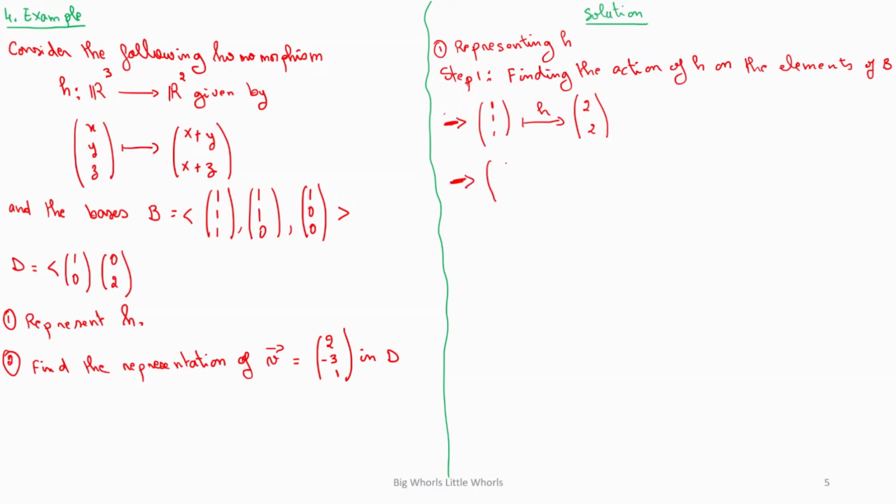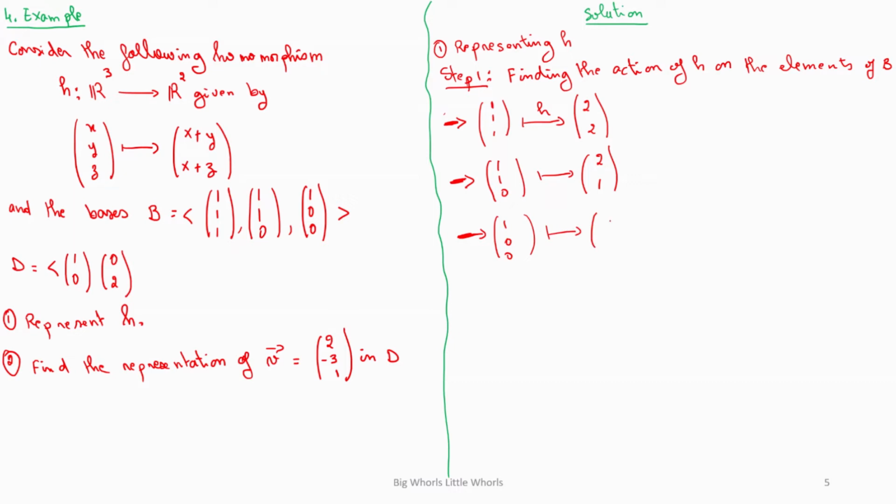Then the action of H on the second element, 1, 1, 0. It takes the first component and adds it to the second component. So we have 2. First component added to the third component. So we have 1. And the action of H on the third element, 1, 0, 0.